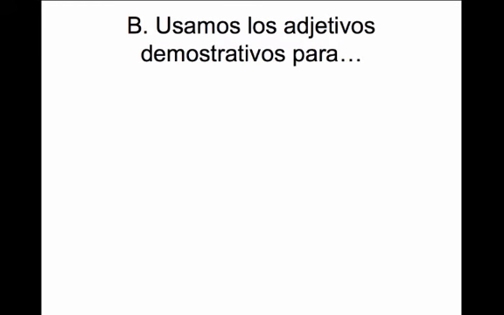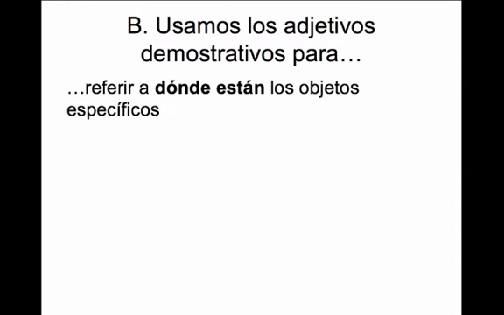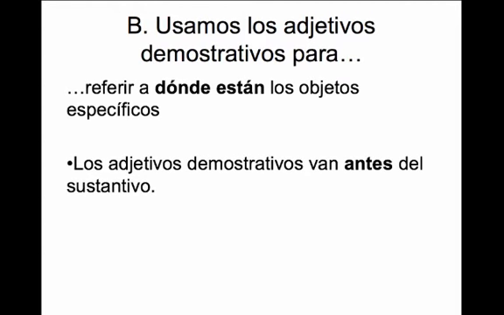So we use these kind of words like este and ese para referir a dónde están los objetos específicos, to refer to where specific objects are. También van antes del sustantivo, so they go before the noun in a sentence.